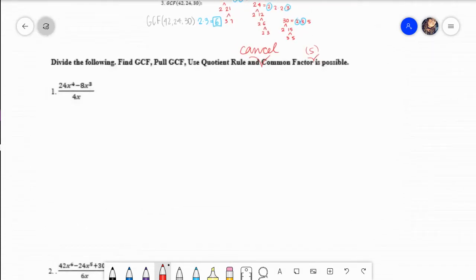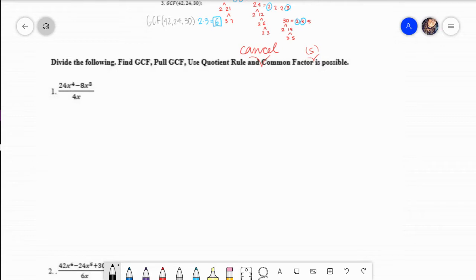So let's do this. Okay, the first thing we need to do is find the GCF. So I'm actually going to come over here to the bottom left, and we're going to find the GCF of, actually, I don't believe we need to do the prime factorization for this one. If you look at 24x to the fourth, and you look at negative 8x cubed, just look at the coefficients.